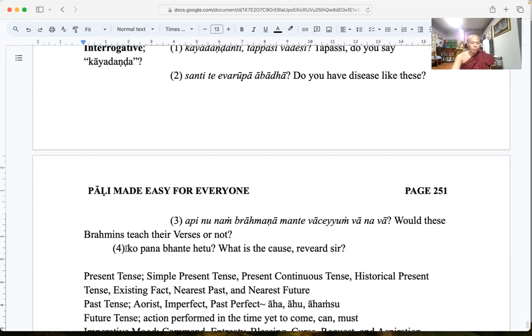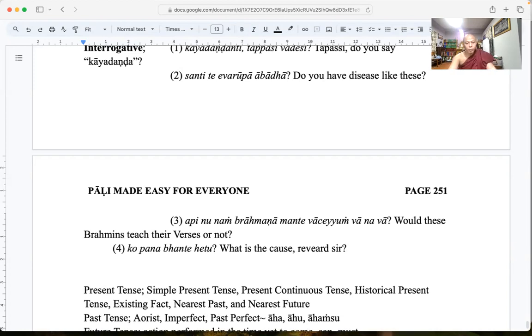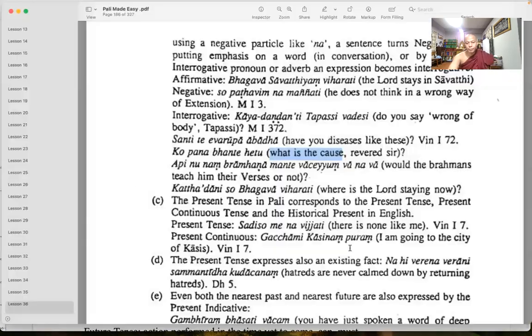Yes, in this way, using the interrogative word. The same way in the next line also, using the interrogative adverb. So here you see, "kata dāni so bhagavā", we had it here.